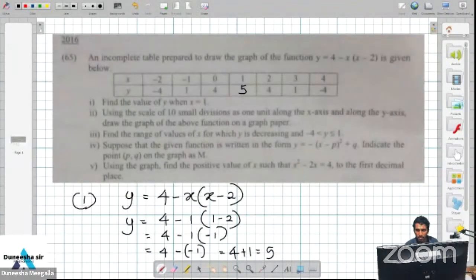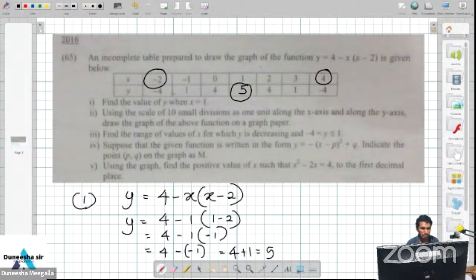Connection problem. Can you hear me now? Yes, sir. Okay. What is the maximum of x? Maximum x is 4 and minimum is minus 2. Then what is the maximum number of y? It's 5 and it's going to minus 4.